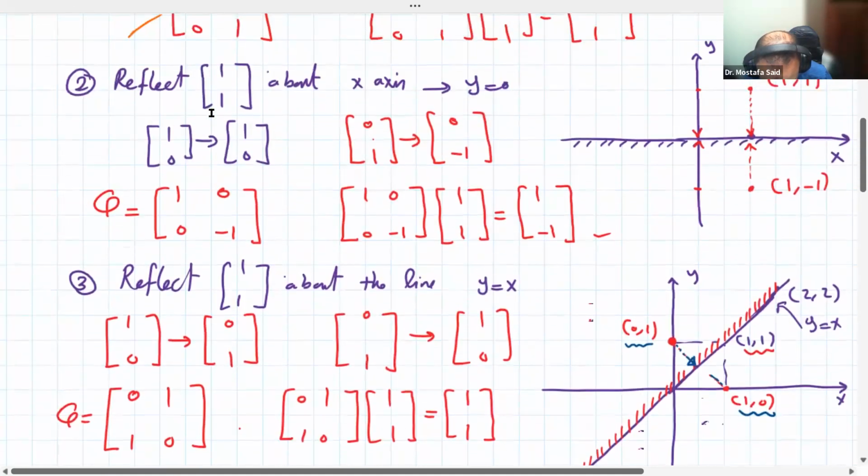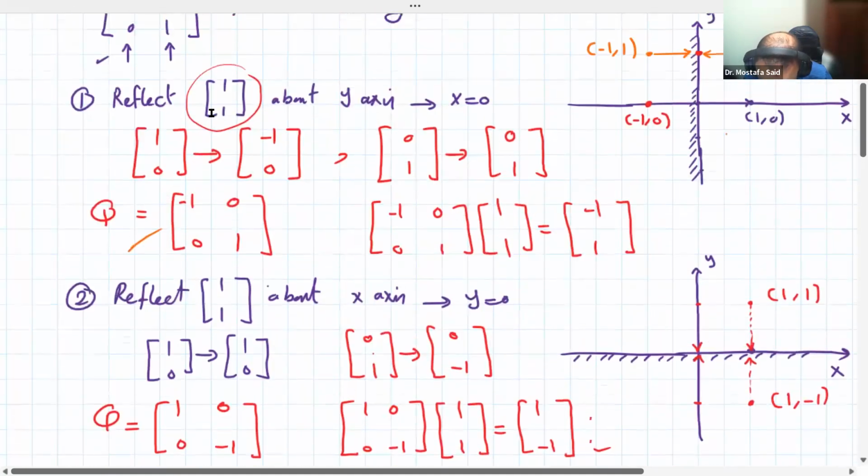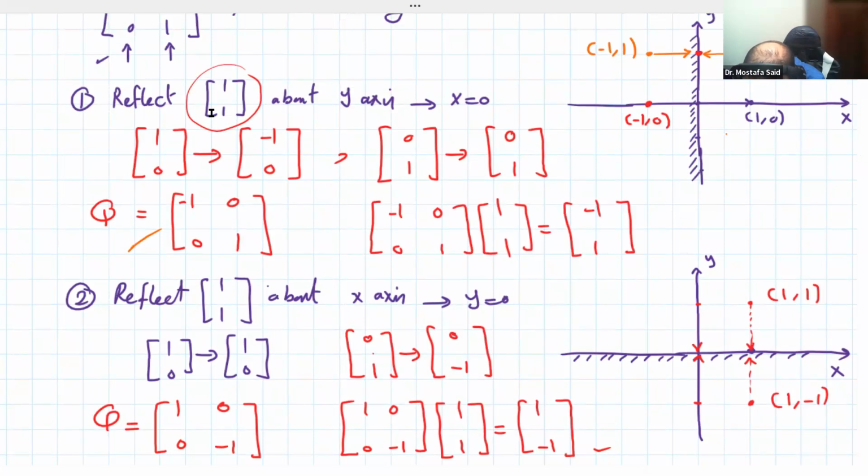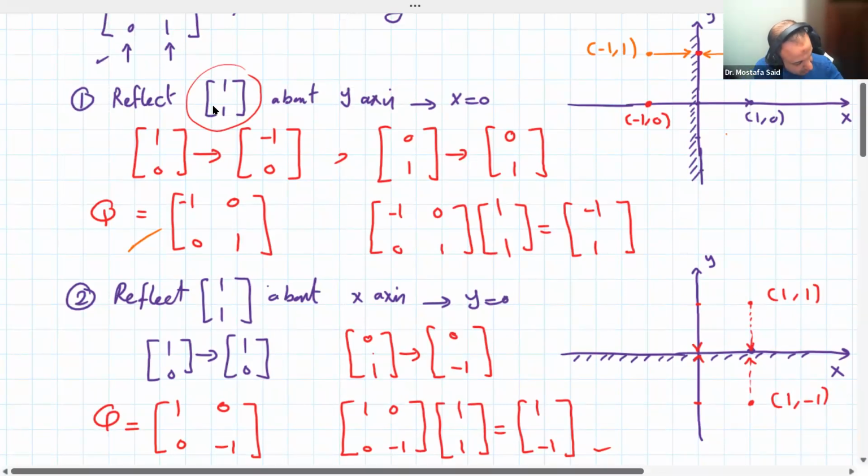Number 2. No, we have a mistake here. X-axis, y equal to 0. Check where it came from.